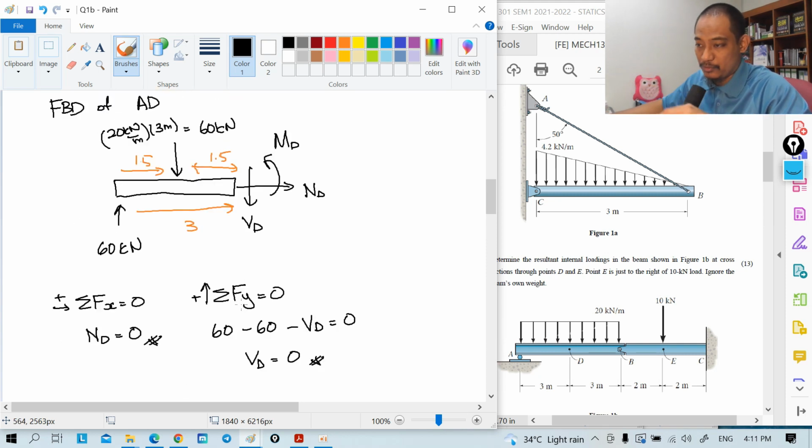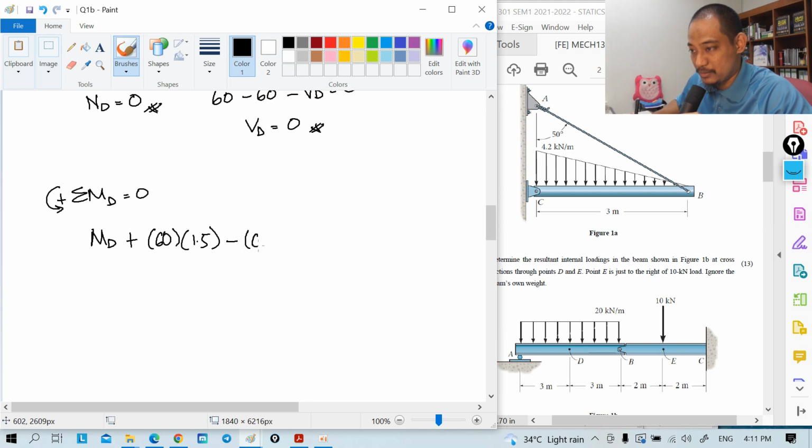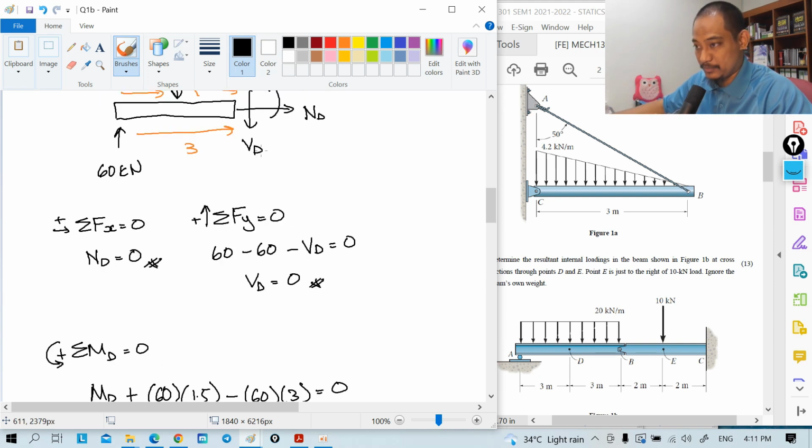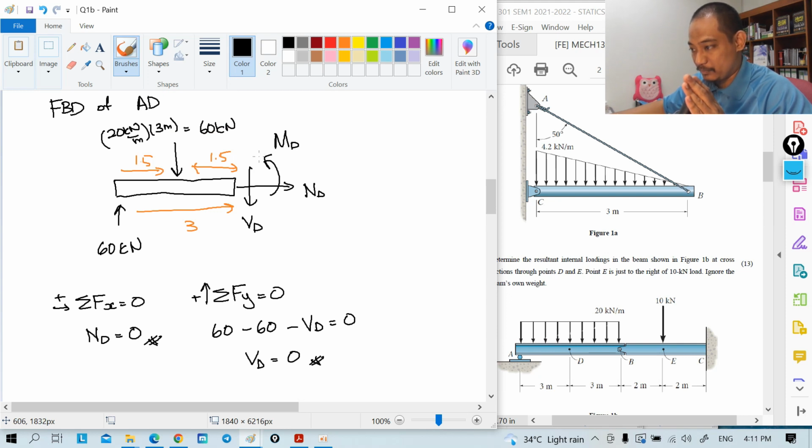Then 60 kilonewton clockwise becomes negative, so minus 60 times the distance of 3 equal to 0. Calculating, 60 times 1.5 minus 60 times 3 becomes negative 90, and bringing it to the other side, MD equals 90 kilonewton meter in the conventional direction. So that is the internal loading at D.